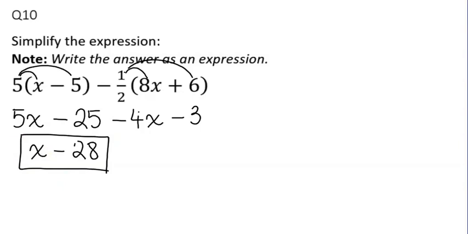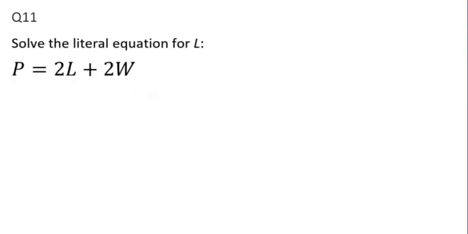Okay, this one. Literal equation. I am not solving like for a number. I have how many variables on this equation? 3. What is this equation about? Formula for the perimeter, right?